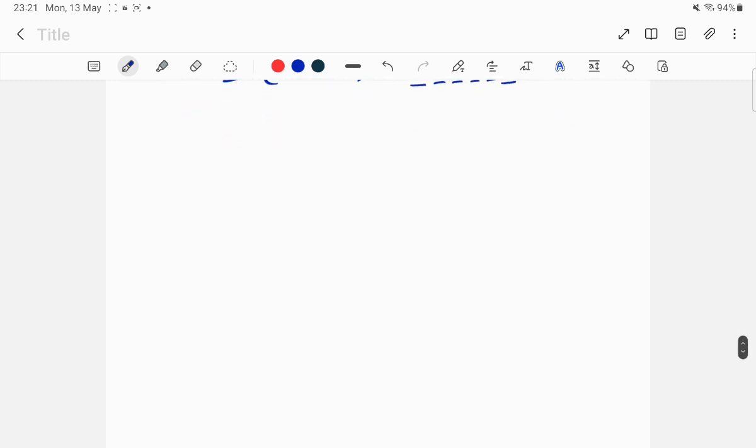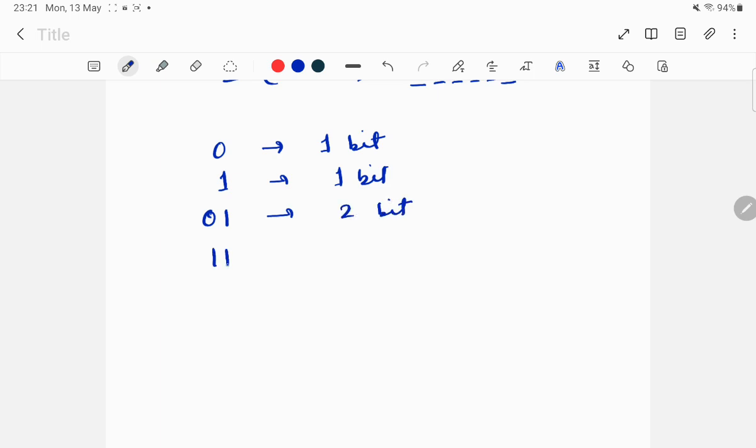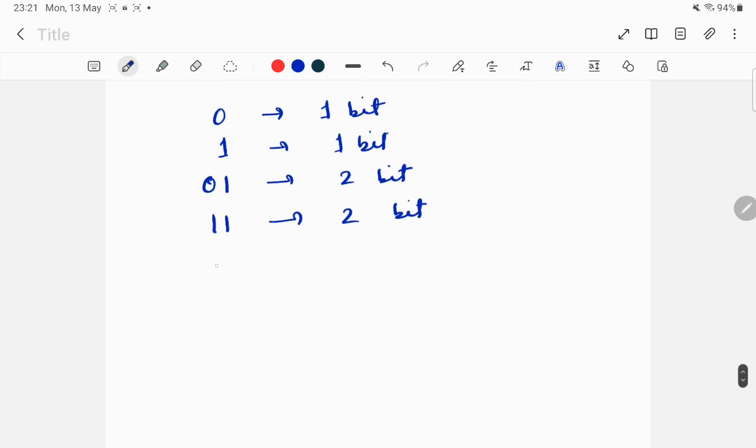I will do that again. Say if you have 0, that means it is 1 bit only. If you have 1, again it is 1 bit. If you have 01, it is 2 bits. If you have 11, it is again 2 bits. If you have 00, that is again 2 bits. Similarly, if you have 101, it is 3 bits.